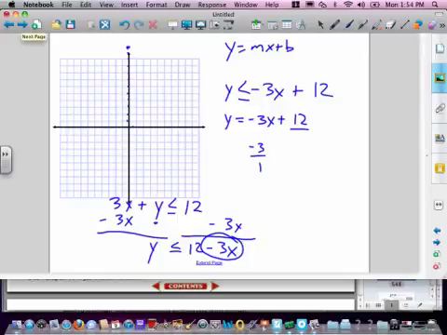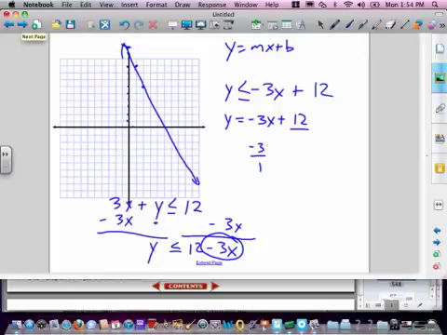So down 3, 1, 2, 3, and over 1. There we go. And let's just keep going so I get a little bit more on my graph. Down 3, over 1. So I'm going to get a graph that looks something like this.